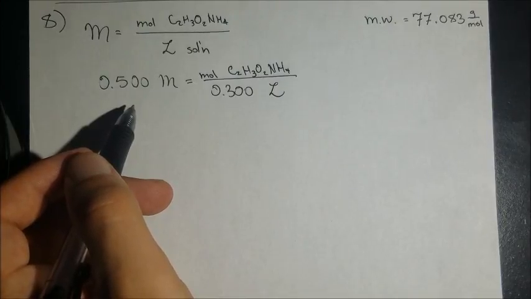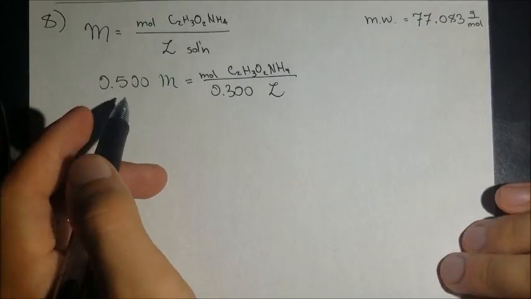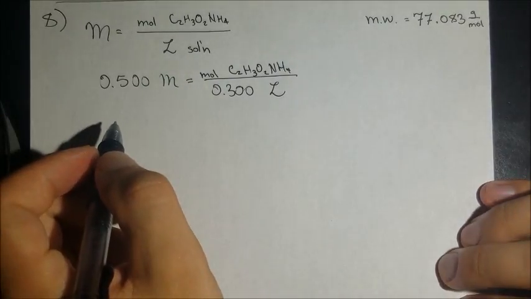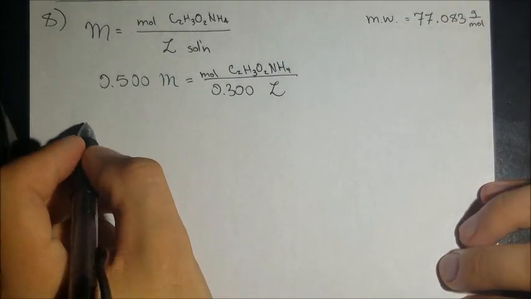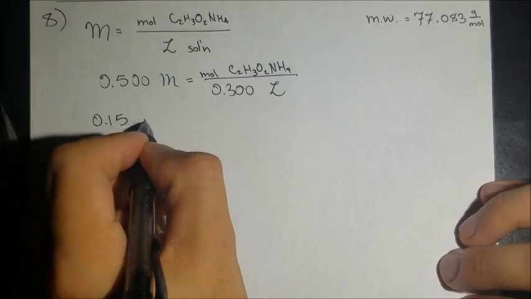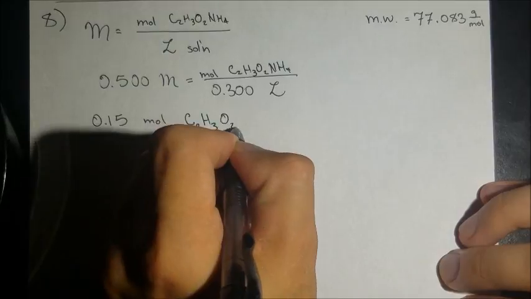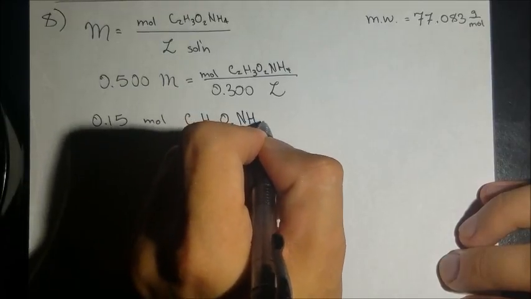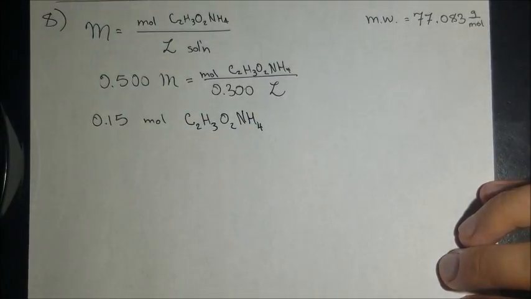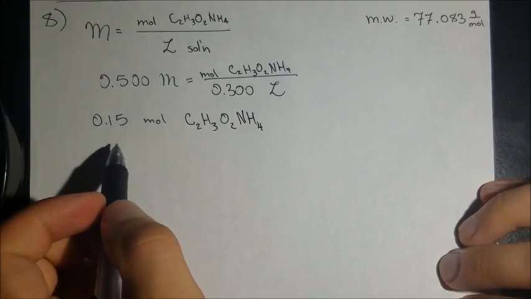I got 0.5 times 0.3. So what I need is 0.15 moles of ammonium acetate. This is the number of moles I need.